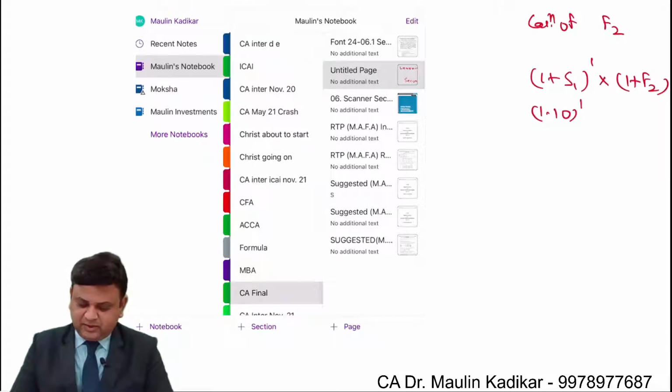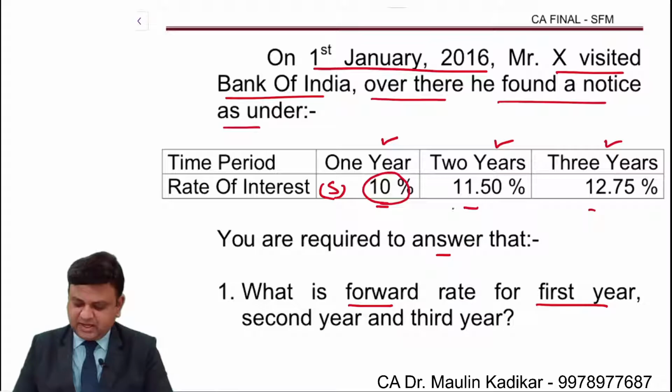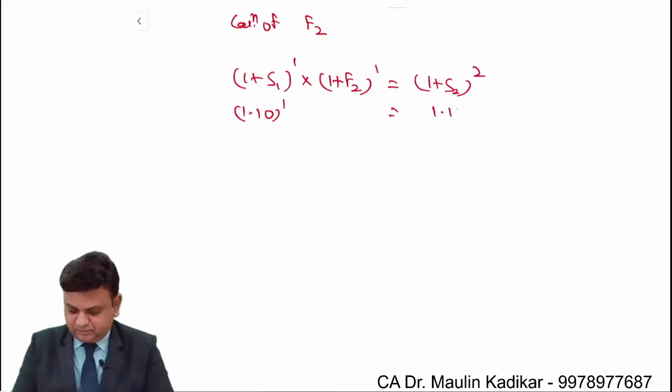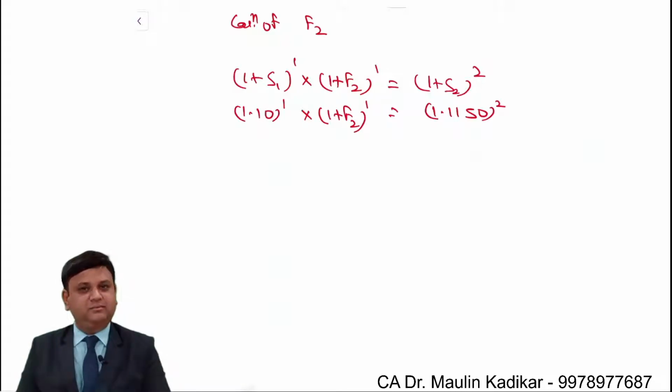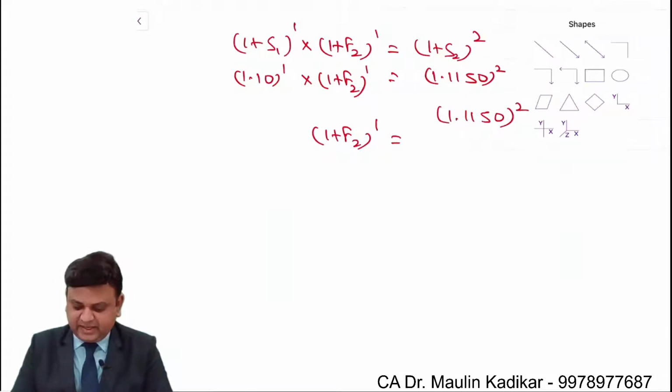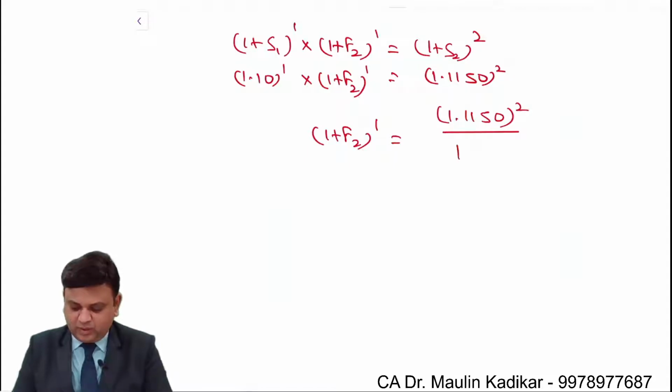For the second year it is 11.5%. So 1 plus F2 raised to 1 is equal to 1.1150 raised to 2 divided by 1.10 raised to 1.